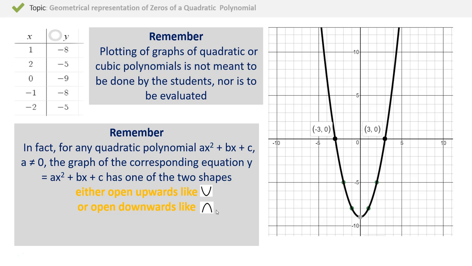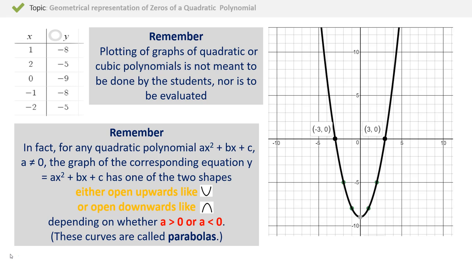So remember, any quadratic polynomial can have either an upward parabolic shape or a downward parabolic shape, and it depends on whether the value of a is positive or negative. So what it means is, if the value of a is positive, greater than 0, in that case your parabola will look upward. And if it is negative, in that case your parabola will look downward.